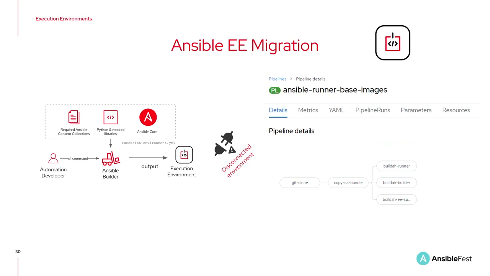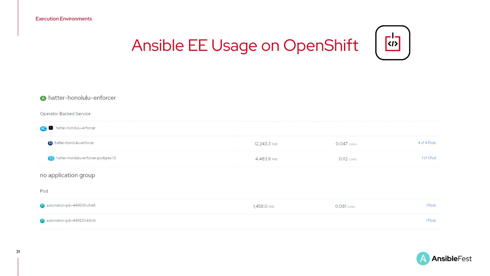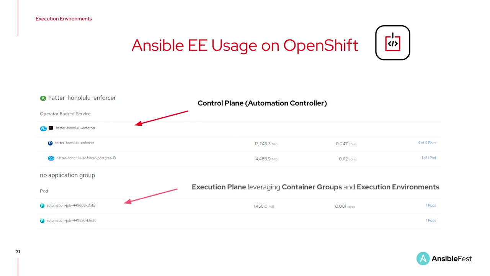So what's the next step for them? We have two parts. One is the control plane. We discussed this previously. They just need to create two YAML files, one for automation controller, one for SIX. And then you have the execution plane. Whenever they have created their container image, they are going to create their container groups, and in there they define the execution environments.